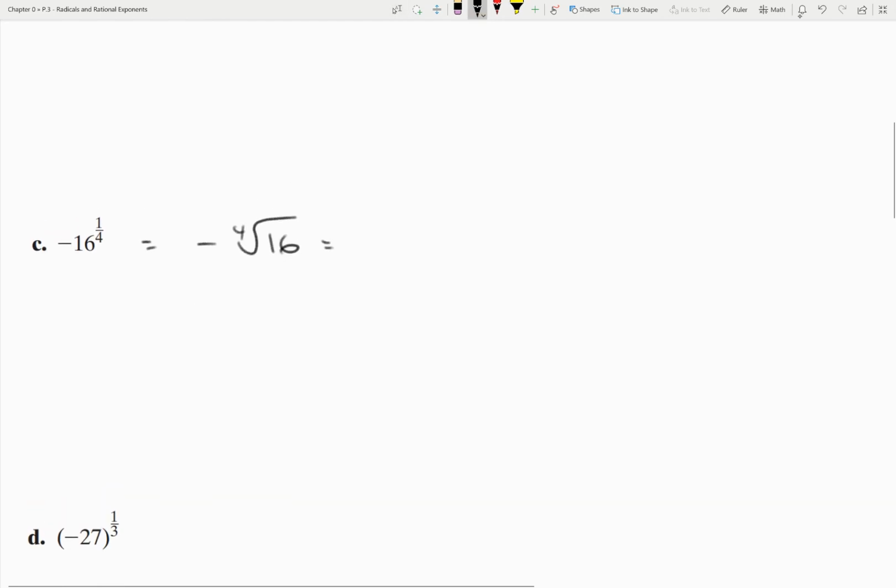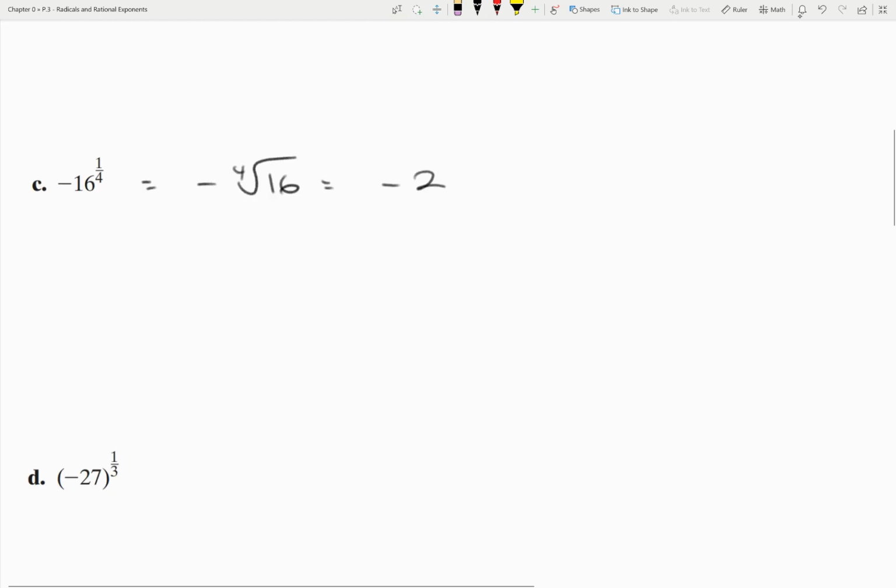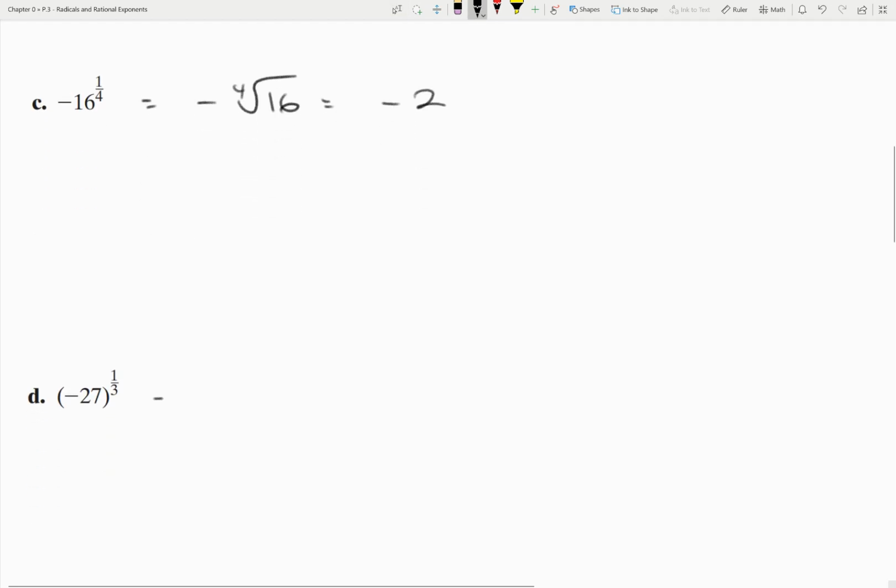So this becomes negative 2. Whereas this one is the cube root of negative 27, which is negative 3. But here, the negative's on the outside of the 4th root, and here it's on the inside of the cube root.